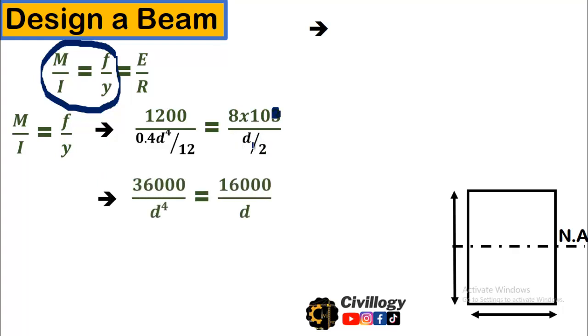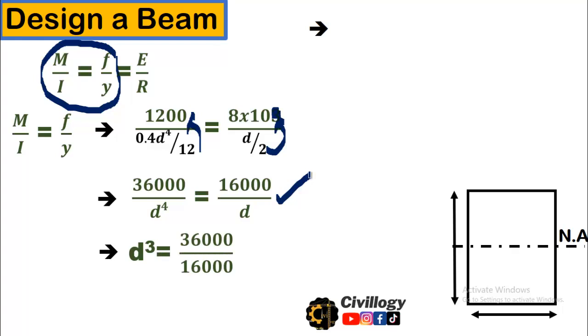So by simplifying, as you can see over here, the 12 will multiply with 1200 and it will be equal to 36,000. Similarly, this 2 will be multiplied with this value and we will get this equation. By simplifying, the d will be cancelled out with this d, and we will be left with d cube.